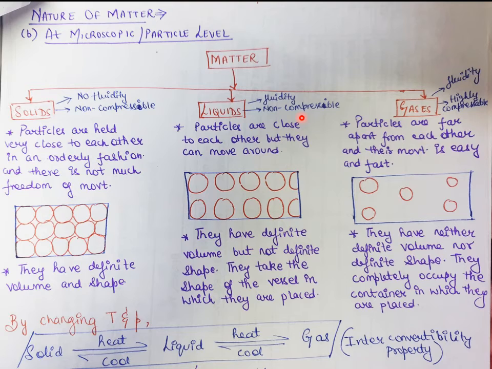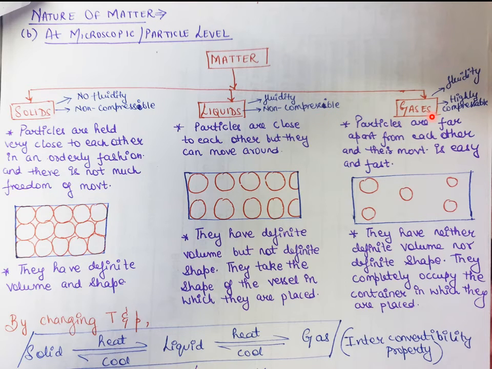Now, the piston does not go inside, it does not move inside. This means that the liquids are non-compressible, because if the liquids would have been compressible, then the piston would have moved inside. Since the piston does not move inside, the liquids are non-compressible. That is, on applying pressure, they do not compress.